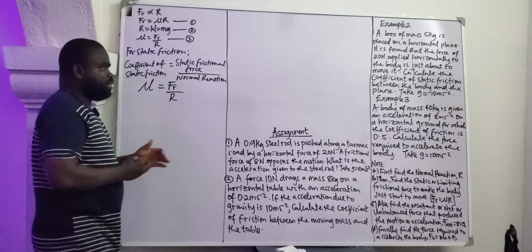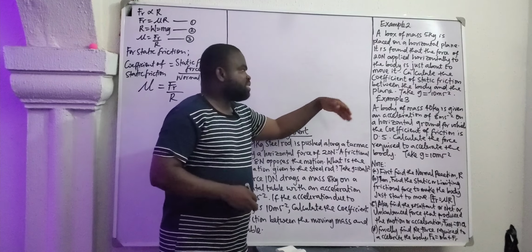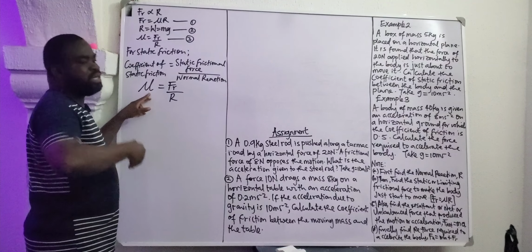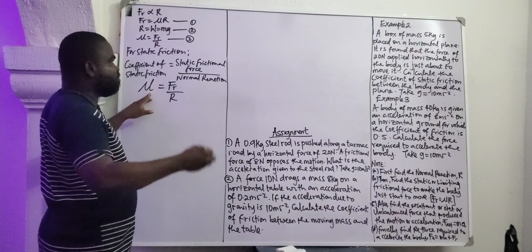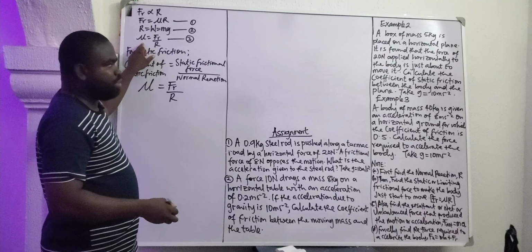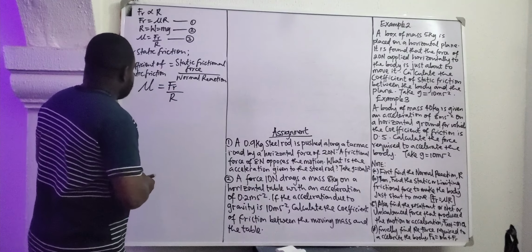So what am I saying? If in the question, as we have here, they say find the coefficient of static friction, I'm still going to use this letter to represent coefficient of static friction, which I've used generally as coefficient of friction here, just for simplicity of the calculations.